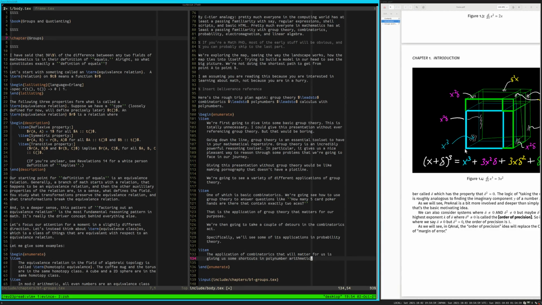We're going to see a lot of stuff with polynumbers. A lot of cool stuff with polynumbers.